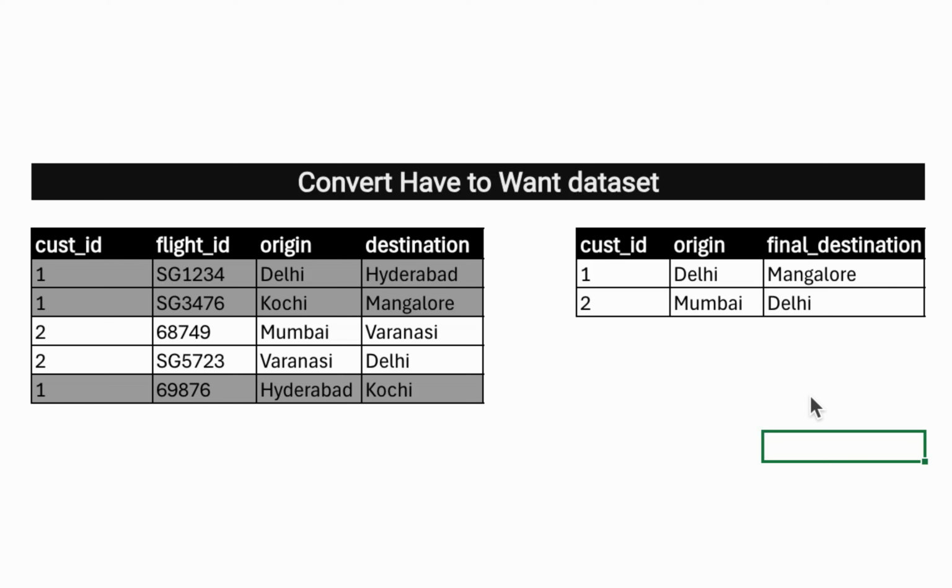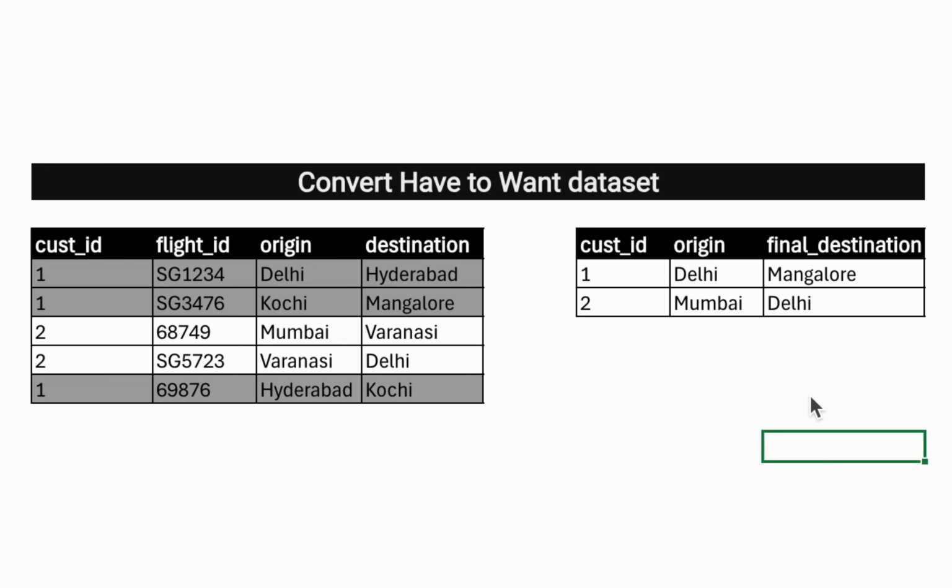So if we combine all these three pieces of information together, we can say that this person is going from Delhi to Mangalore. The reason is because first he is going from Delhi to Hyderabad, then Hyderabad to Kochi, then Kochi to Mangalore. So his initial origin was Delhi, whereas his final destination was Mangalore.